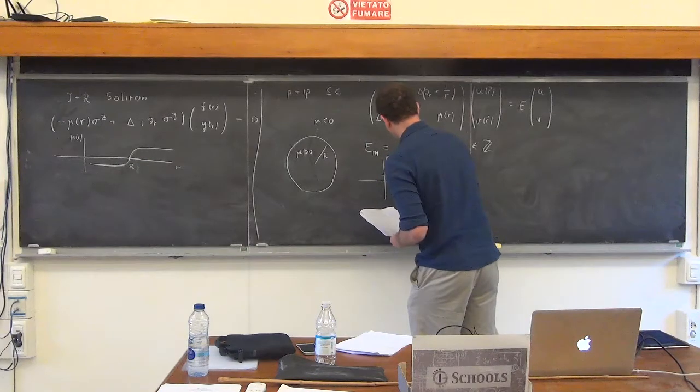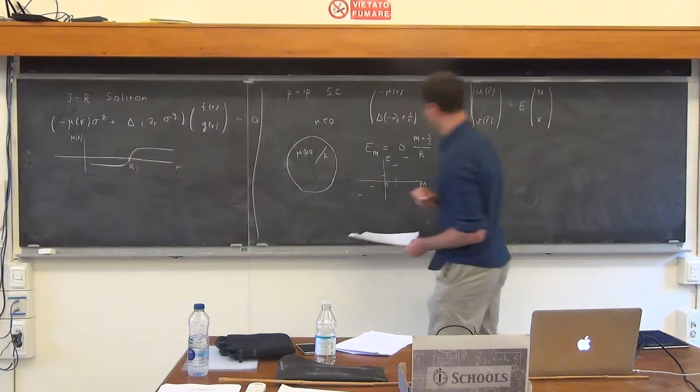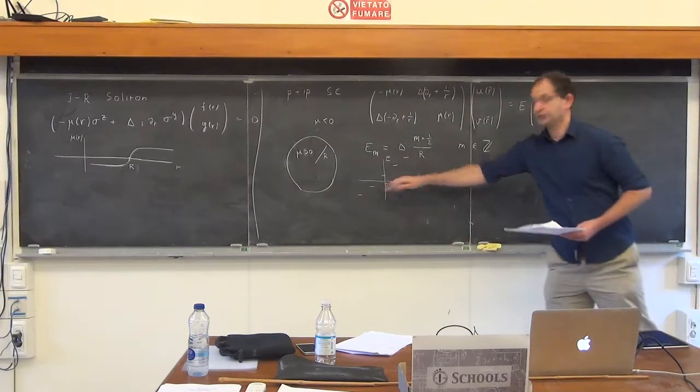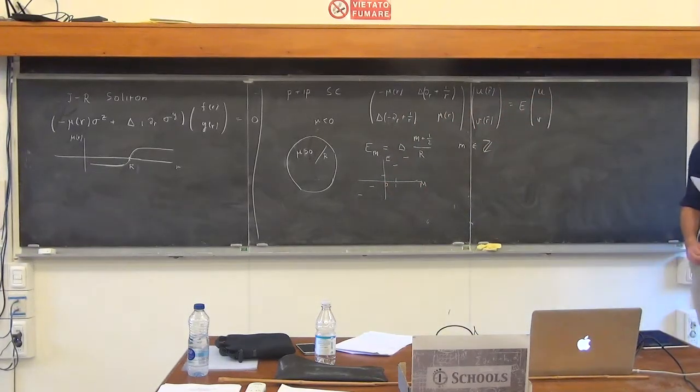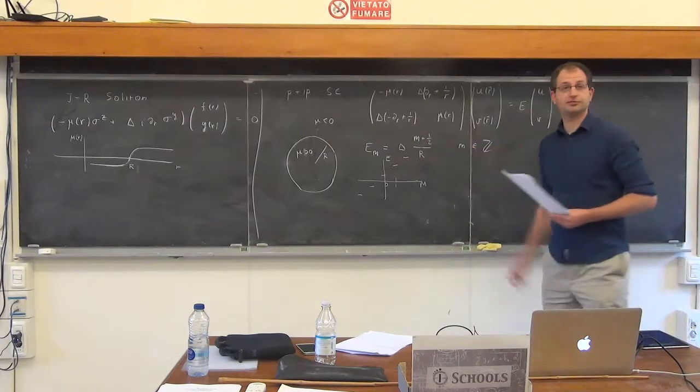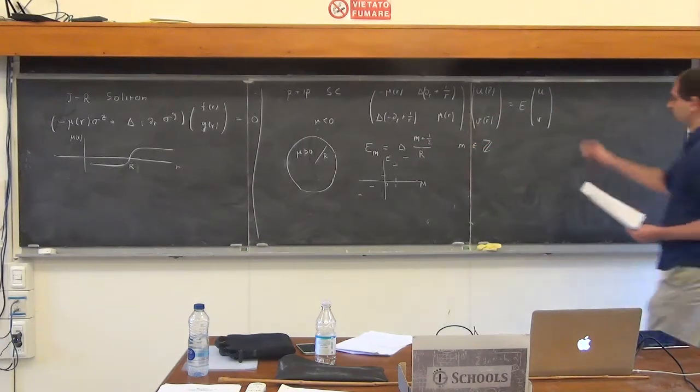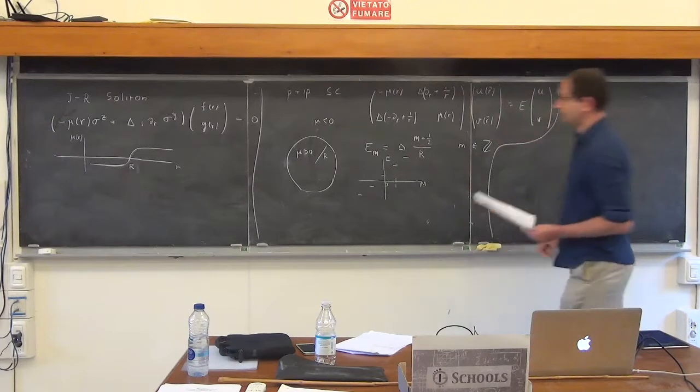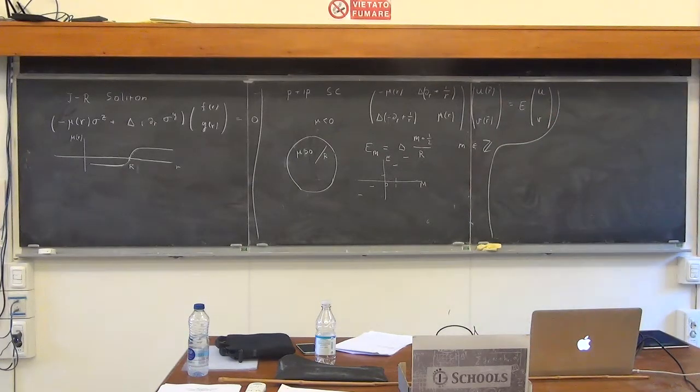These solutions as a function of M looked like this. We got this ladder of states, but no solution actually at M equals 0 because of this extra half we got here. So to actually get a zero energy solution, or a zero mode, one has to introduce a vortex.